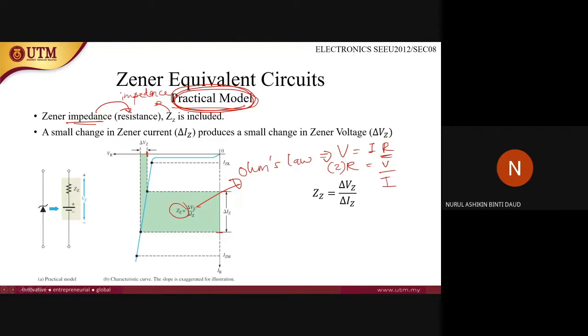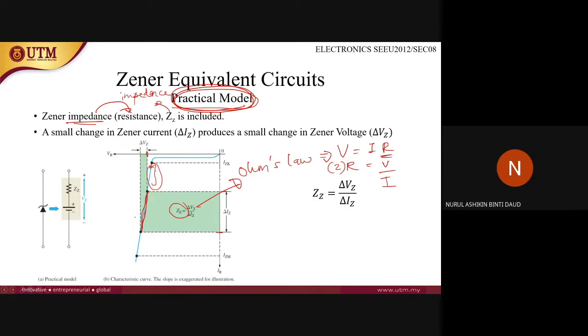If you want to calculate the impedance value for the Zener, it is best to avoid this region, because as I mentioned just now, at this region the current changes very dramatically, very rapidly compared to this region.